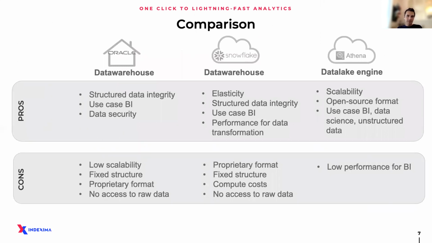So if we compare these three architectures that we have just described, in summary, we have a first option with an on-premise data warehouse solution that meets the needs of business intelligence on a small volume of data, but which in a big data context will show limits on scalability and agility, with a bottleneck that remains on the IT department as soon as the data evolves, and an inability for the analyst to access all the raw data.